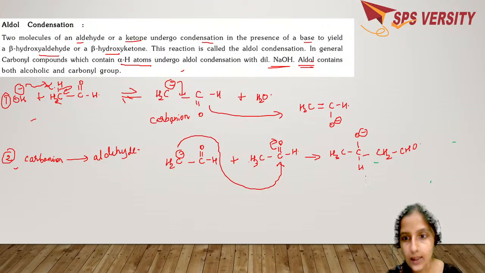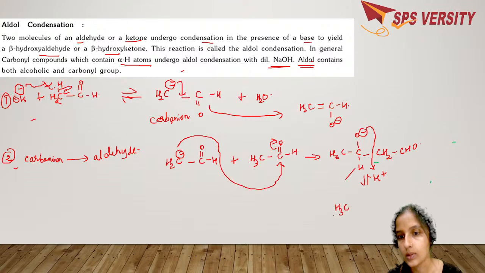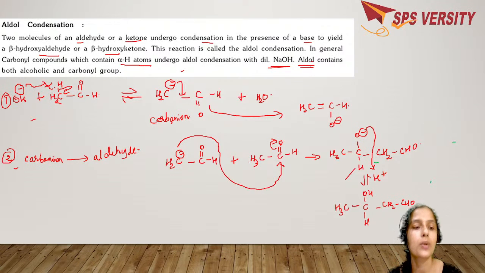And then in the presence of H plus, this takes up H, so you get CH3. I shouldn't write it in between the molecule because of the lack of space, so I'm writing this way, CH2, CHO and H. Can you see OH and CHO are present in a single moiety? So this is called aldol.